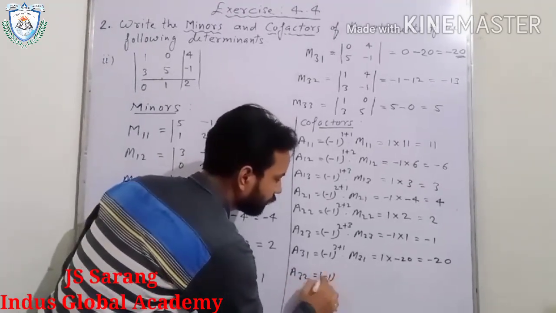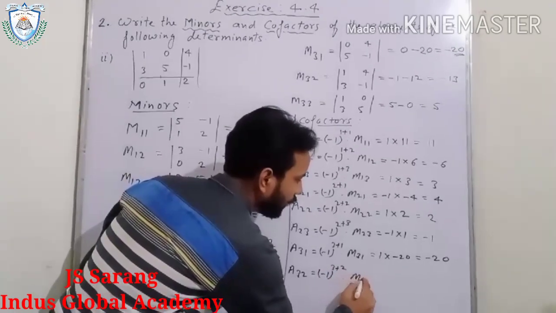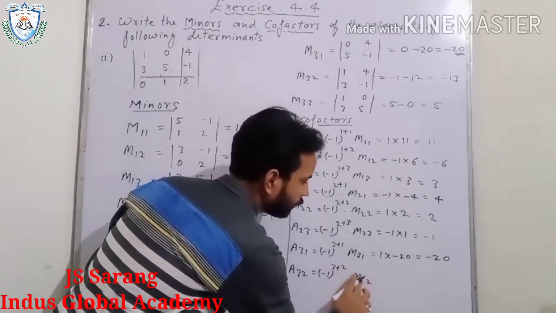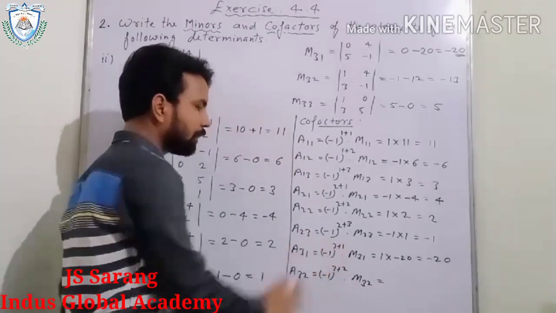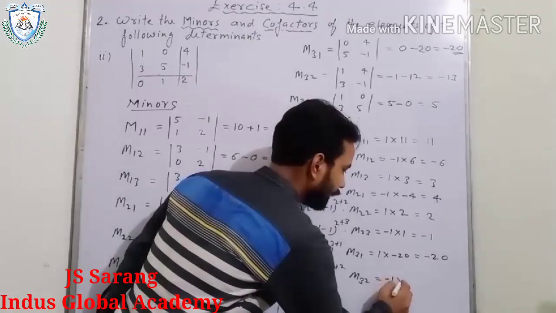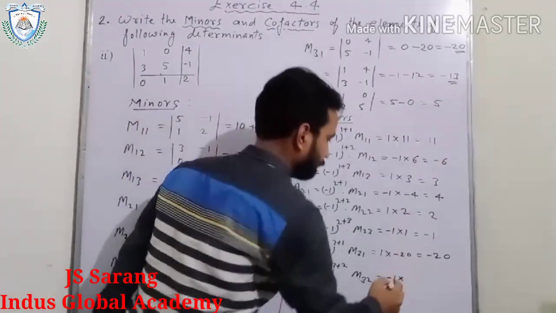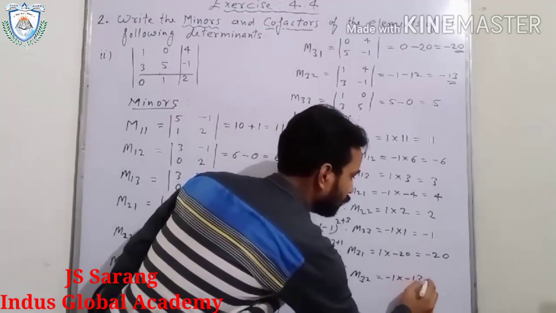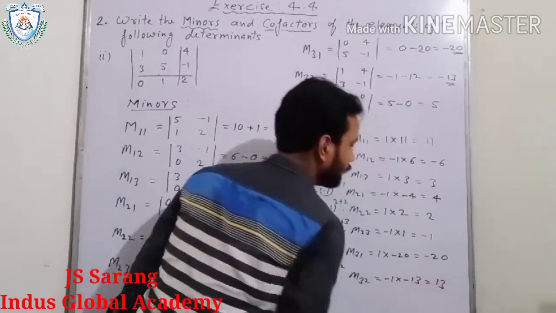This is minus 1 to the power 3 plus 2 into M32. So minus 1 to the power 3 plus 2 is 5. So its value is minus 1 into M32. M32 is minus 13. So minus 1 into minus 13 gives you positive 13.